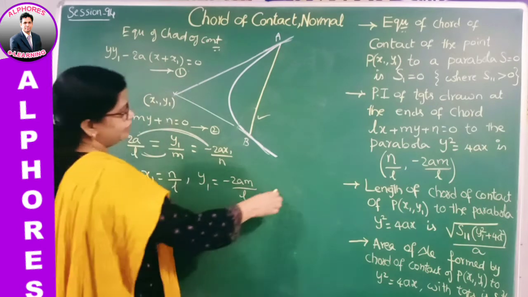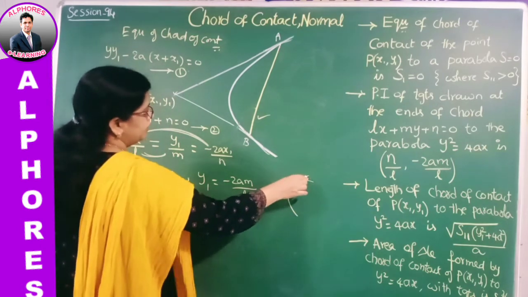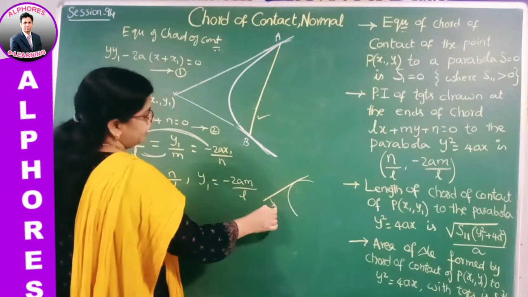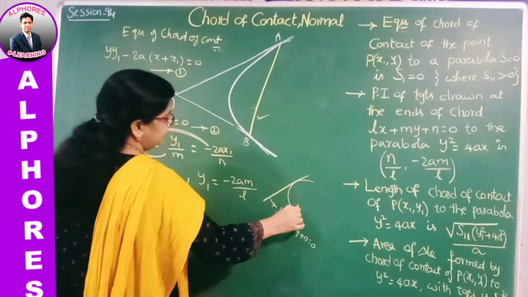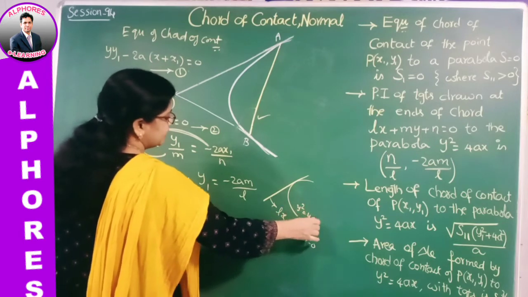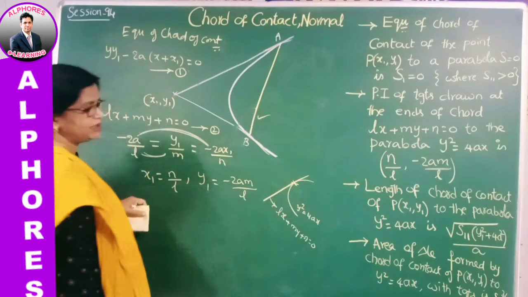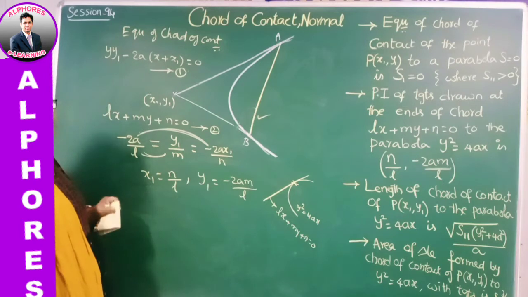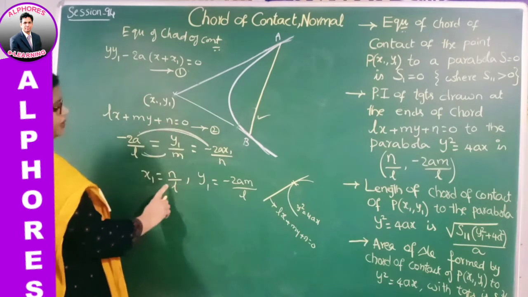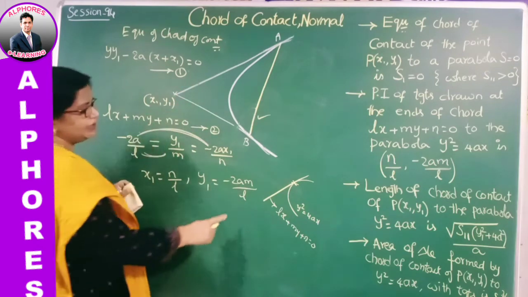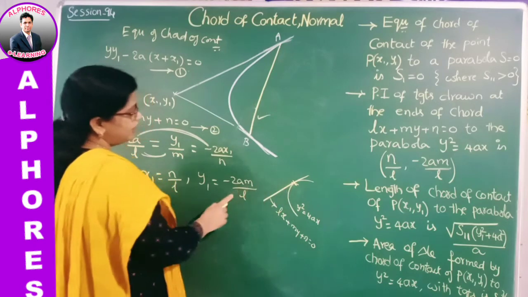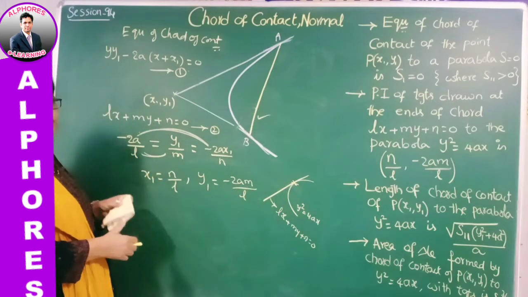In the same way, you have used the point of contact when the tangent is Lx plus My plus N is 0 and the curve is y square equal to 4ax, then also we have taken it as the point of contact. Therefore if they use the word chord of contact, this is the formula for the point of intersection of the two tangents, and if they use it as a tangent, then the point of contact also you can find using the same kind of formula.